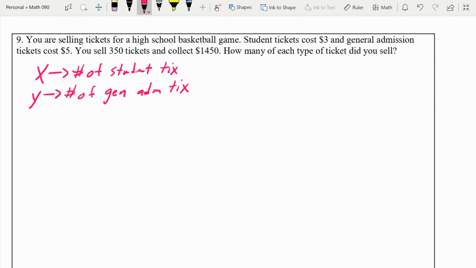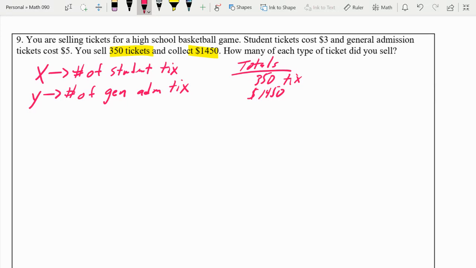Now, are there any totals? Yes: 350 tickets, $1,450. So 350 tickets and $1,450.